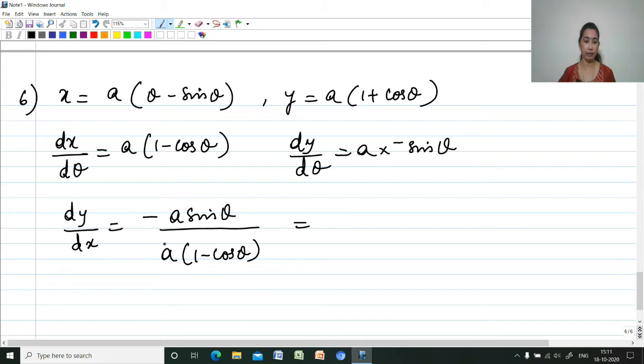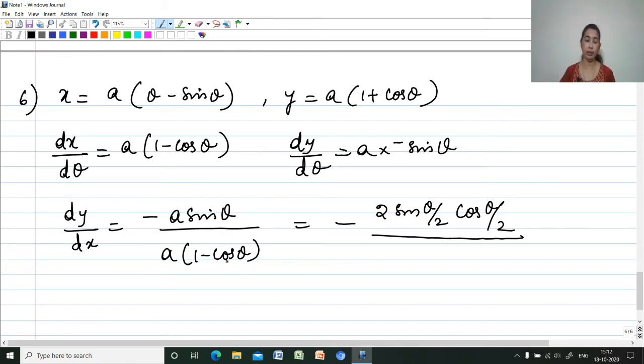And that is equal to, a from the numerator and denominator, a getting cancelled, minus sin theta can be written as 2 sin theta by 2 into cos theta by 2, because sin 2 theta is 2 sin theta cos theta. So sin theta can be written as 2 sin theta by 2 cos theta by 2.